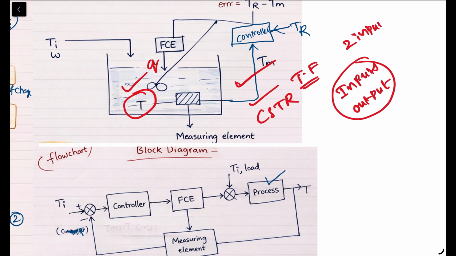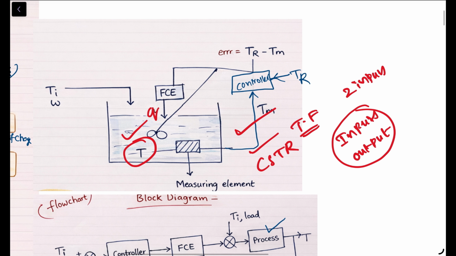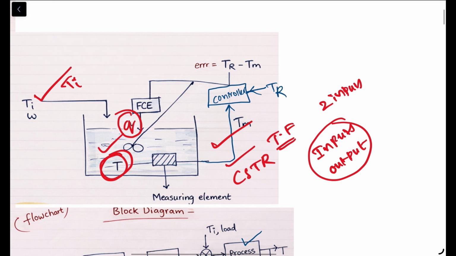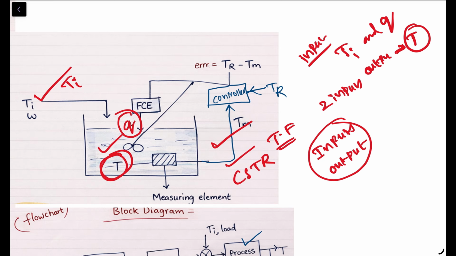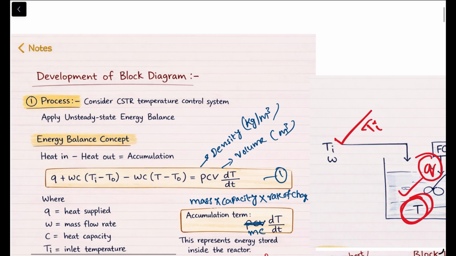The first input is the inlet temperature Ti. The second input is the heat supply to the reactor, that is Q. The output of the process is the reactor temperature T. So the input variables are Ti and Q, and the output is the temperature T. Now write the energy balance equation.